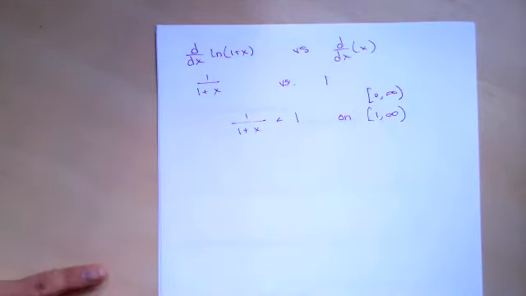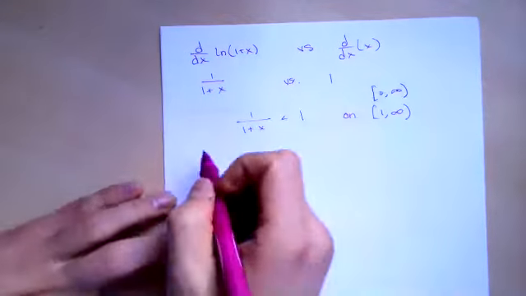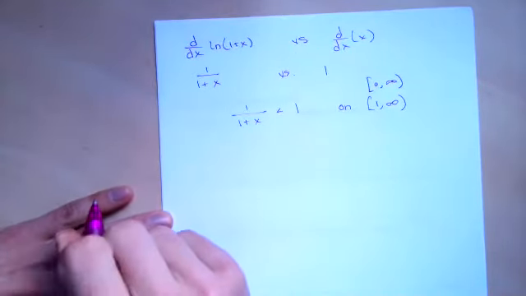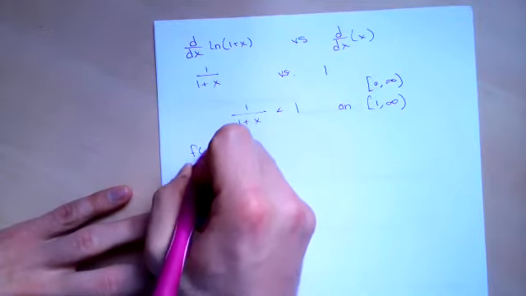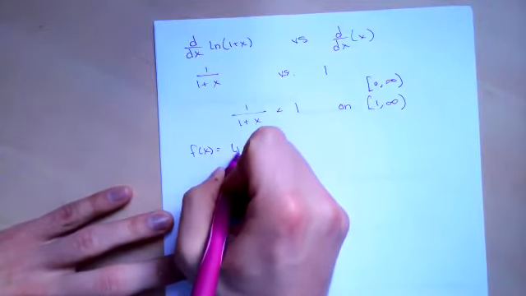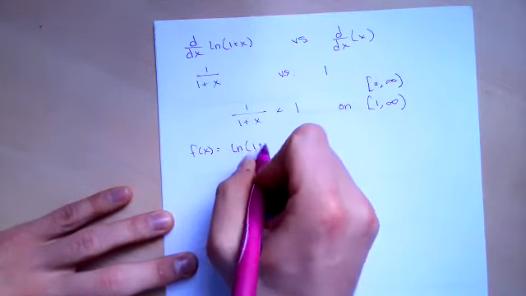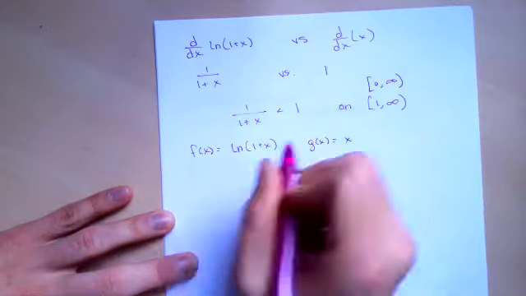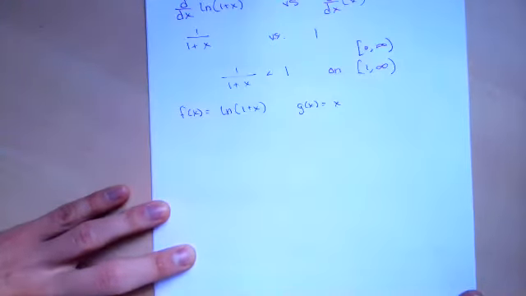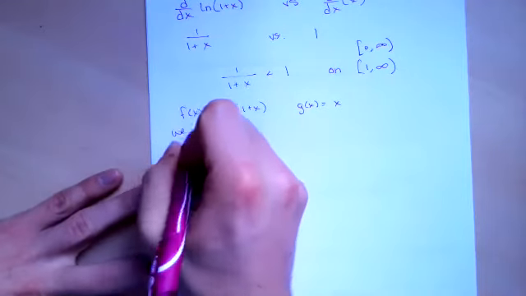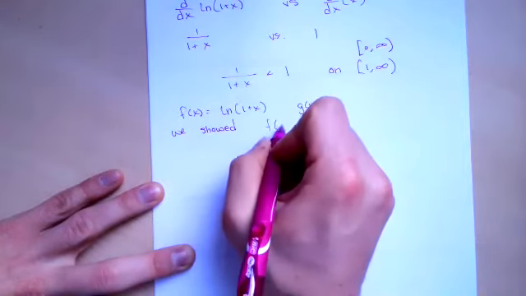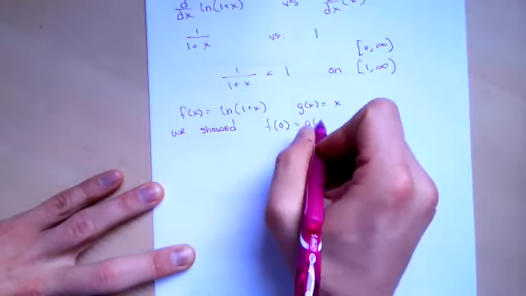We added in this extra value to get a point of comparison for, do you guys remember the racetrack principle? So let's actually give our functions names so we can make a good statement on this. Let's say our f of x is natural log of 1 plus x, and our g of x is x. What did we just show? We showed that at 0, these two functions match.